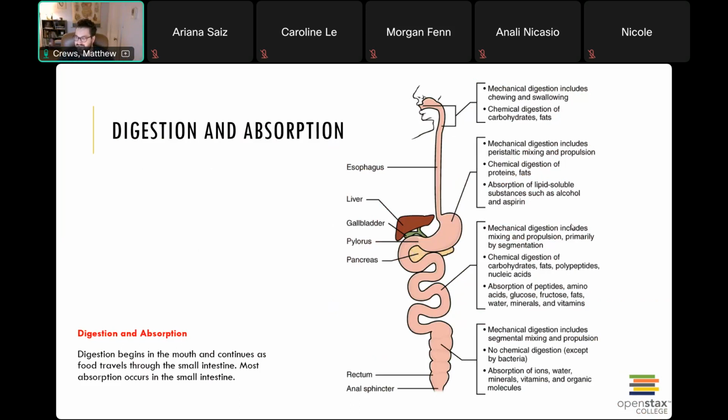Your mechanical digestion is segmentation and the peristalsis movements through the small intestine. You're chemically digesting it through other chemicals that are being pumped in via, say, the gallbladder, or the pancreas is shooting some stuff into your small intestine. Pancreatic amylase is getting pumped into your duodenum, so you're breaking down starches even more from that.